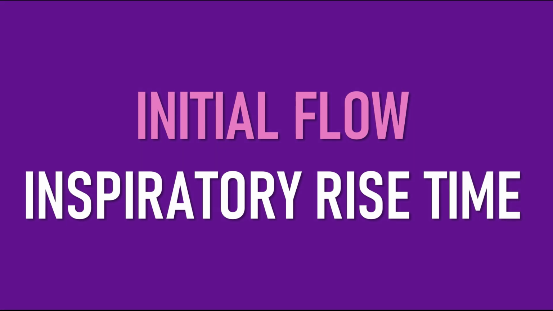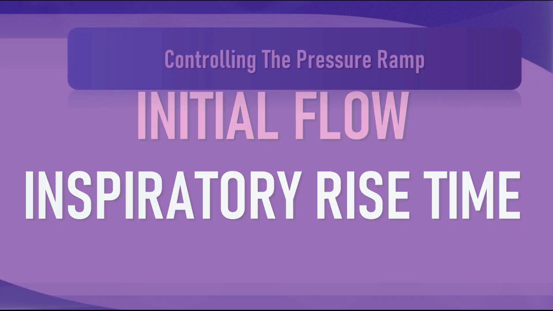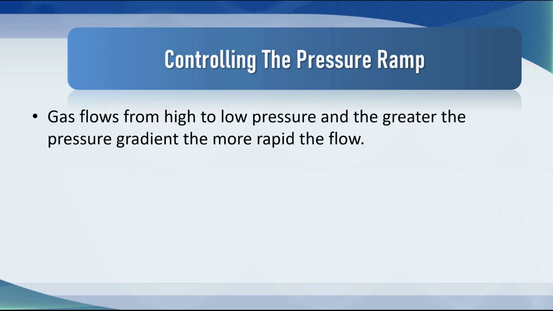Initial flow and the inspiratory rise time. It's widely believed that peak and plateau pressures are identical in pressure controlled ventilation. This is the objective, but it's not always the case, because all pressure limited modes require initial flow adjustments. Gas flows from high pressure to low pressure, and the greater the pressure gradient, the greater the ramp, the more rapid the flow.